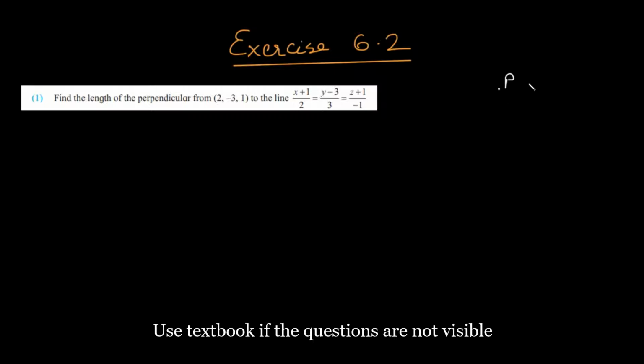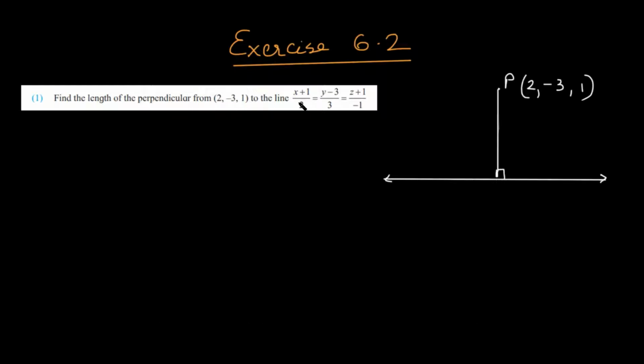From P, we draw a perpendicular. So P has coordinates 2, -3 and 1. So from P, we draw a perpendicular this way onto the given line, which is suppose this one. And the equation of the given line is (x + 1)/2 = (y - 3)/3 = (z + 1)/(-1).